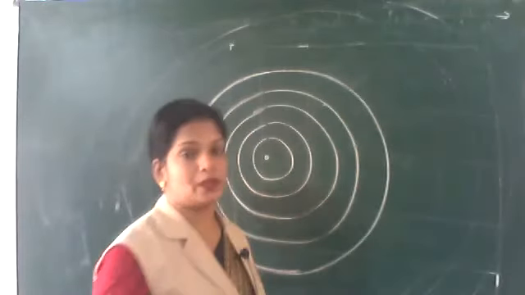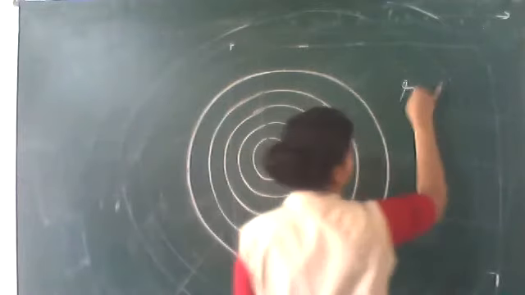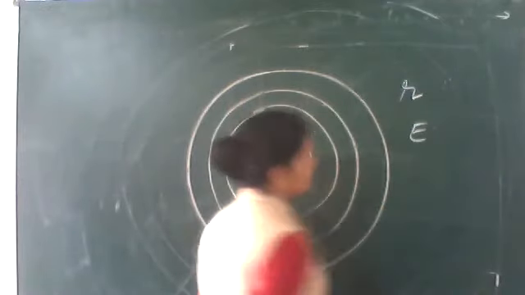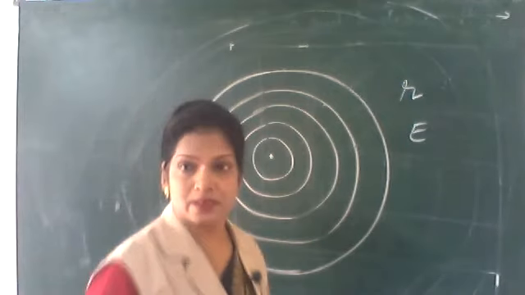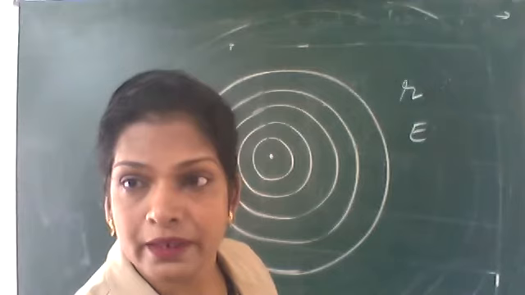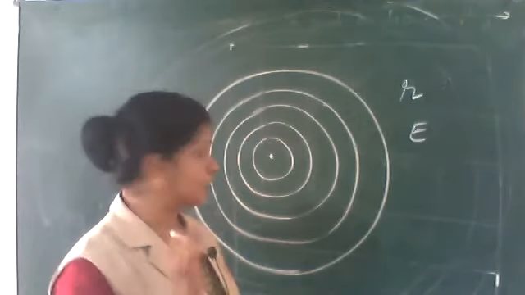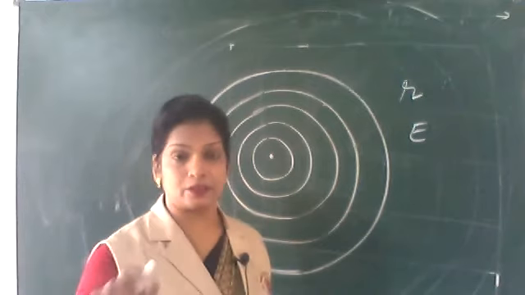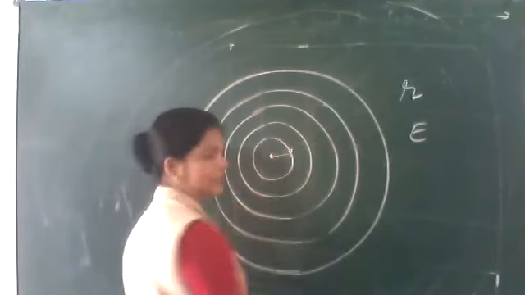Two things you have to learn about one atom. One is the radius of the orbit in which the electron is present. For example, if the electron is present here, this is the radius.